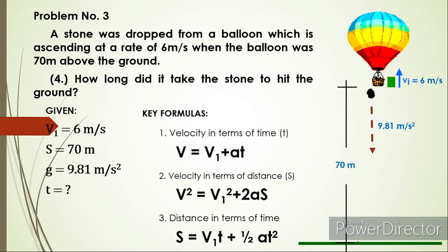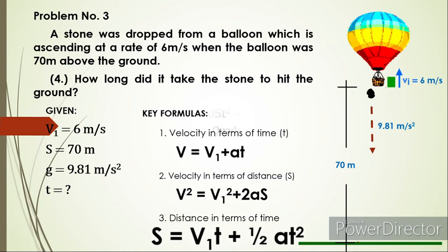We're looking for time. So, looking back sa ating formula, since given yung V1, given din yung S natin, unknown natin ay ang time, therefore, we could use again the formula number 3, which is S is equal to V1t plus 1/2 at squared.